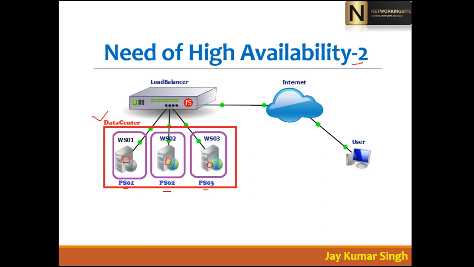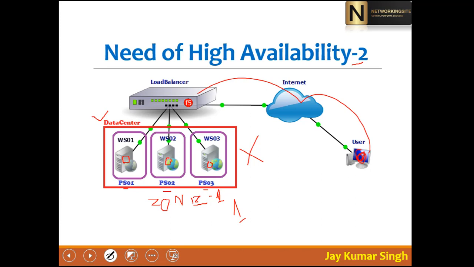But if the entire zone 1 is down, maybe due to some problem, then when the user tries to access it, they will come here and see that your entire data is down.